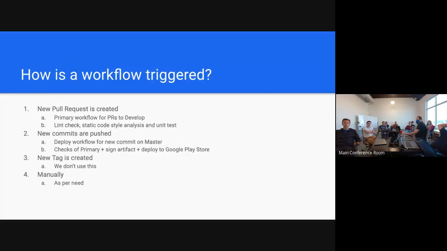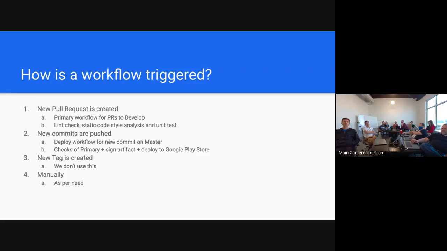So how can we trigger these workflows? There are four ways to trigger them. First is whenever a new pull request is created. As I mentioned, the Android team requires this when a pull request is created to the develop branch. Whenever a pull request is created to the develop branch, we do lint check, static code analysis, and unit tests. Another trigger can be commits, whenever new commits are pushed.